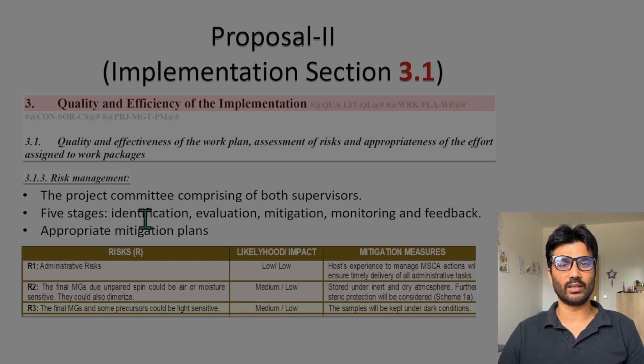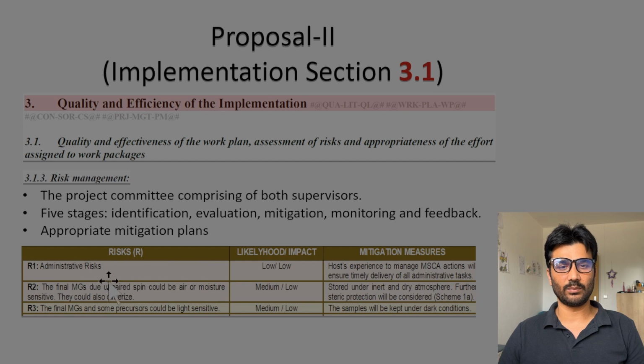This will be done in 5 stages. I mentioned that first will be the identification, evaluation, then how to mitigate, and then monitoring and feedback. Then an appropriate mitigation plan, like in this table, will be formed.